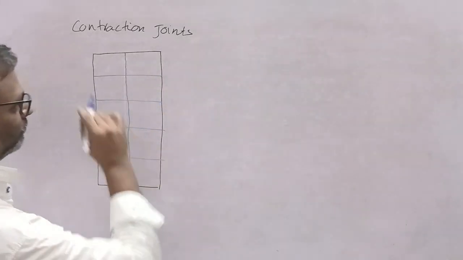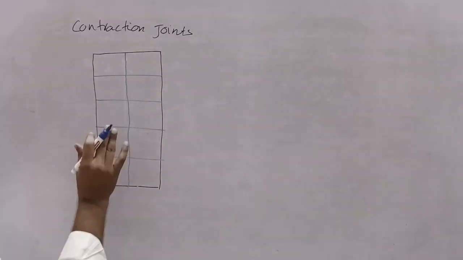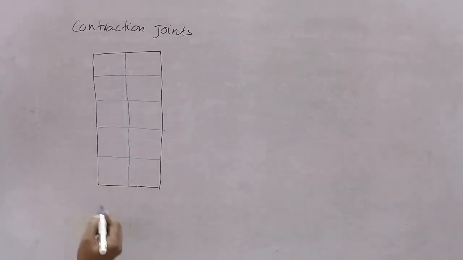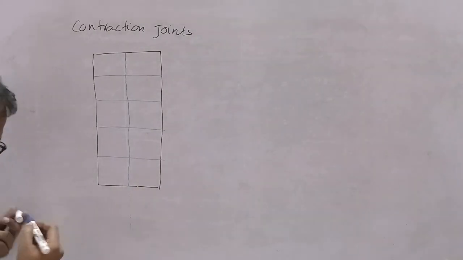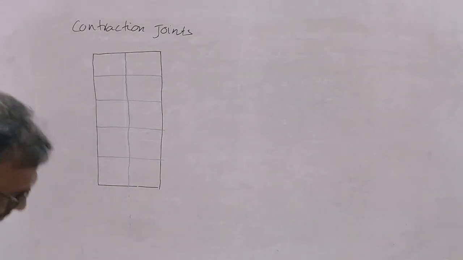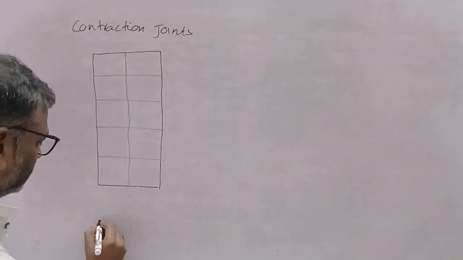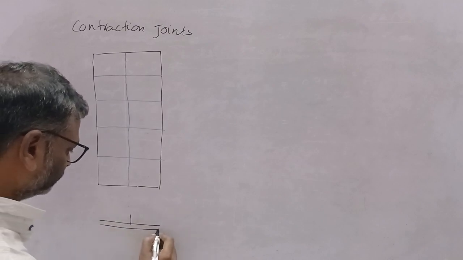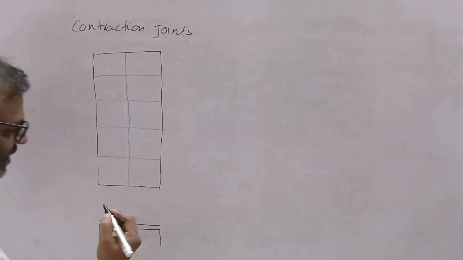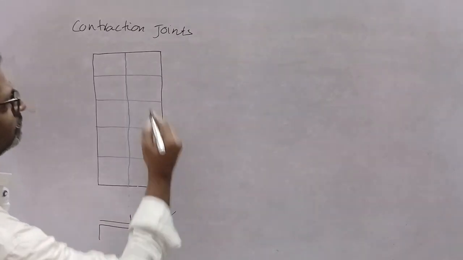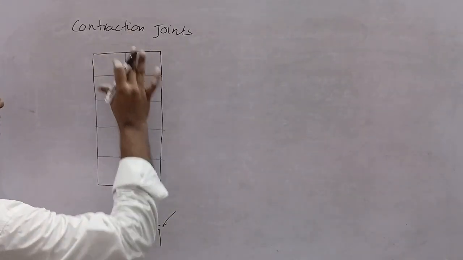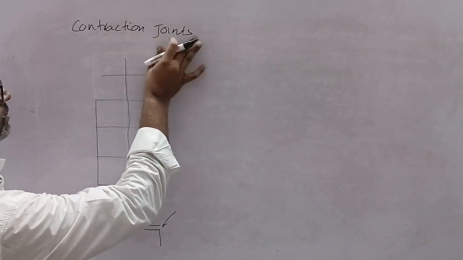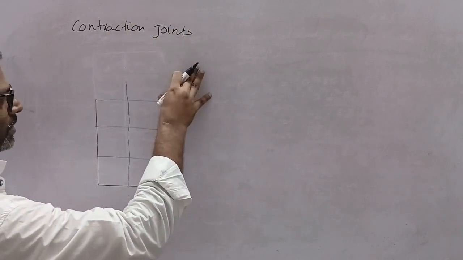Say these are contraction joints, and after a few contraction joints you will find an expansion joint, and here also after a few contraction joints you will find an expansion joint.